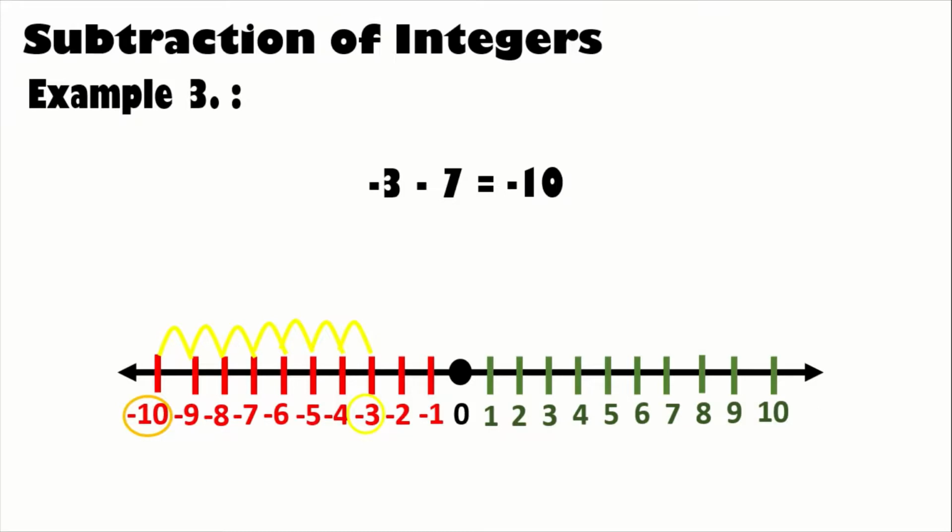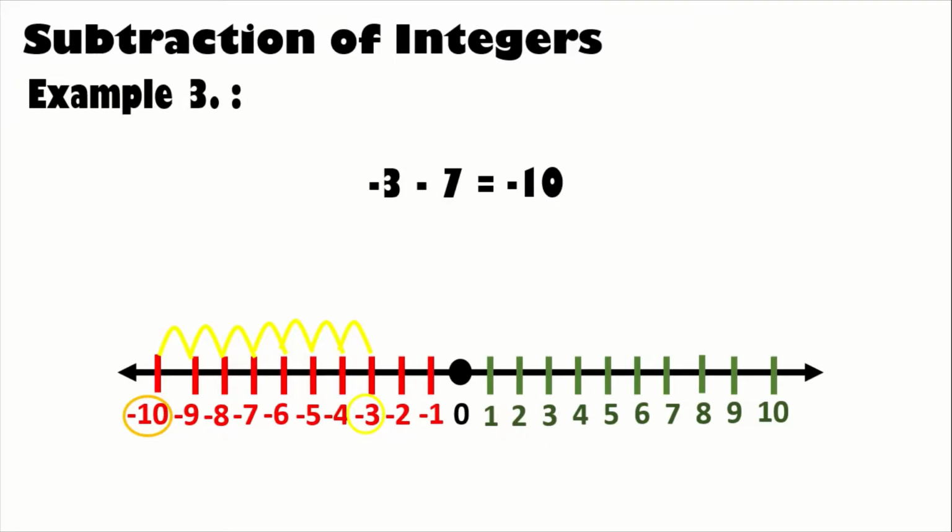Because they have the same signs, they are both negative, then the answer will also be negative and we will add them up. So 3 plus 7 equals 10. But we will be getting the same sign, which is negative. It will not become a positive number. It will still be a negative number. That is the second rule, okay?